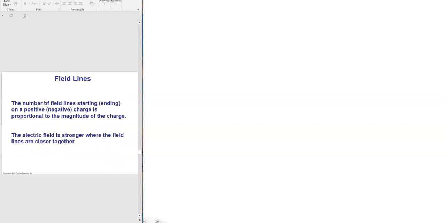So the number of lines tells us about the strength of the electric field. For example, let's say here's a positive charge, so here's the electric field going out from it.